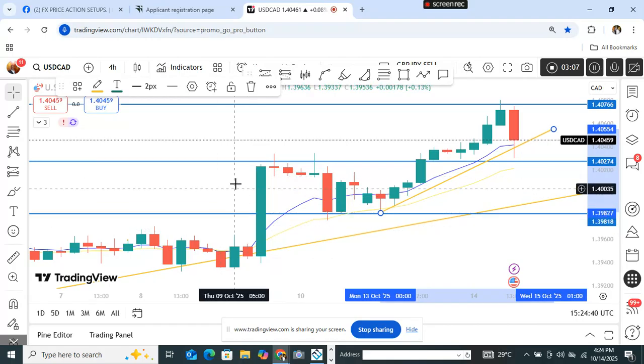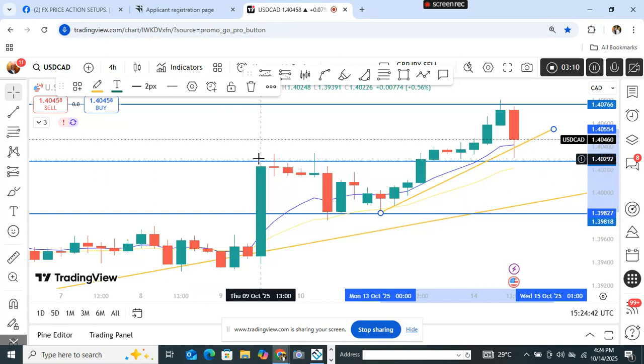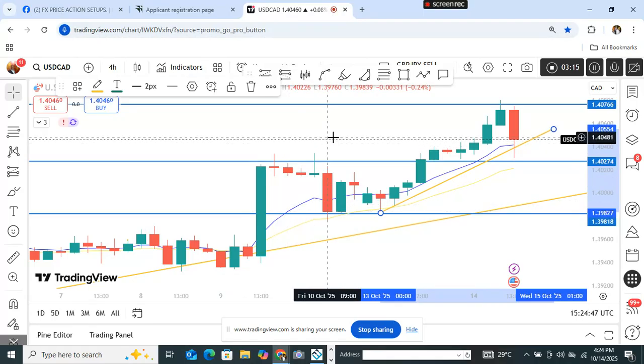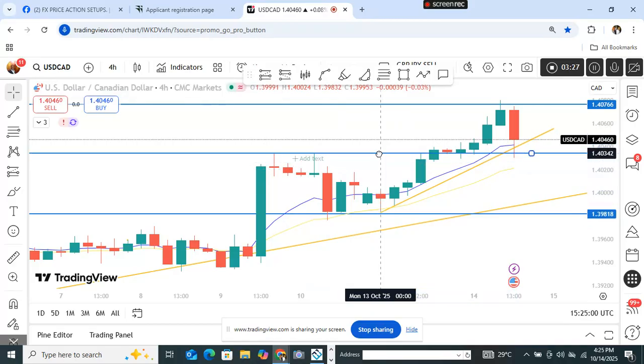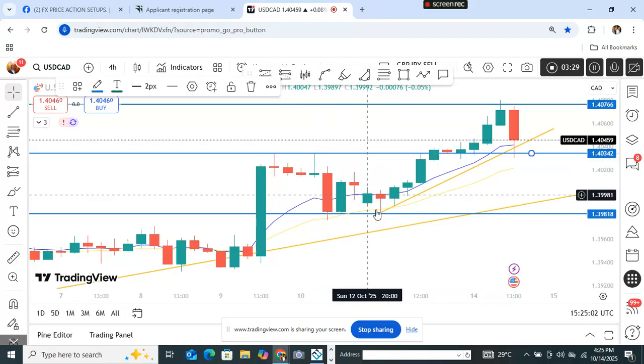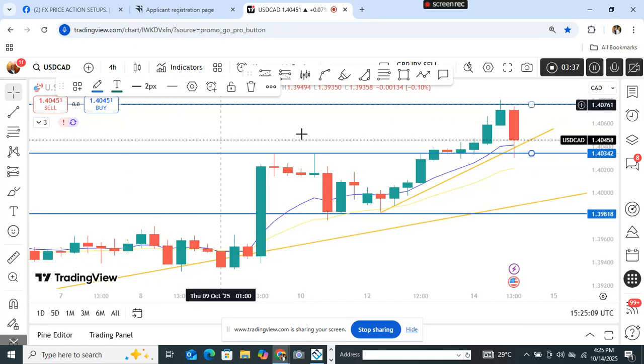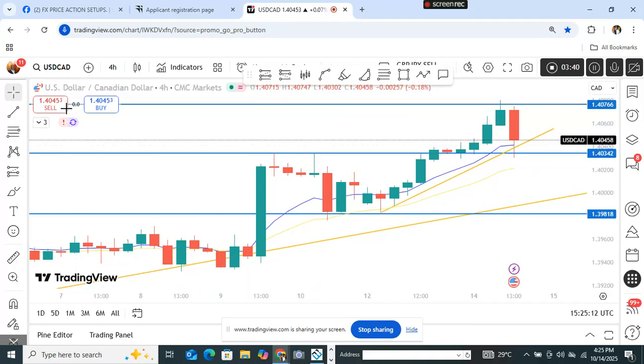It made that a support level, and it's also respecting the trend line, which is around 1.4046. So it's also a zone, so we can adjust this to be here, and that's where the support level is, at 1.40342. So a very strong market level on USD Canadian dollar.